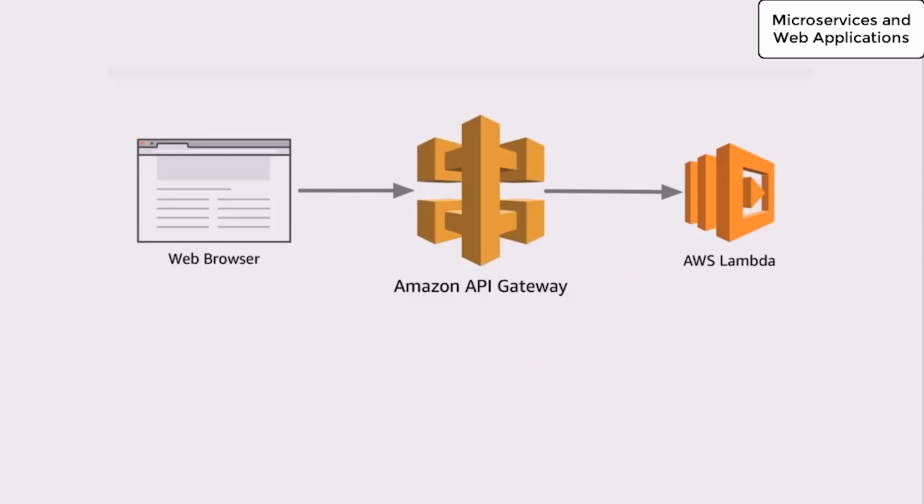So when we are discussing microservices architecture, one more thing that is very important to discuss from a security perspective is Amazon API Gateway. When someone requests a service or any usage, they will hit the URL.